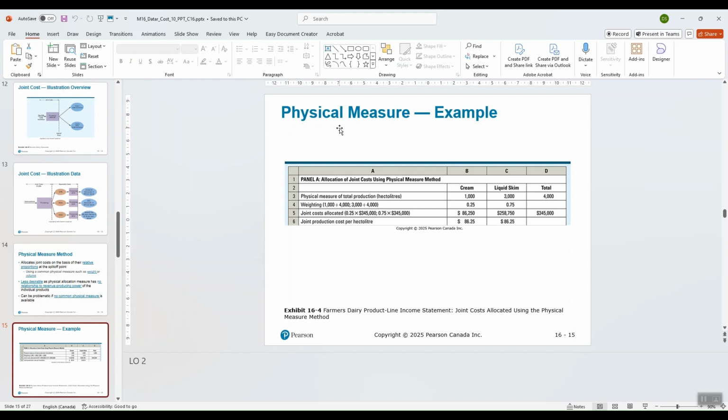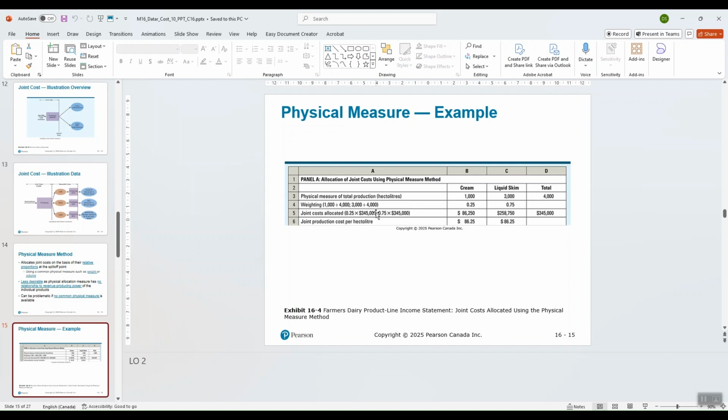This is a method I say is easy to use, but it's only easy to use if you can measure the quantity that comes out from the production. At the split-off point, we know that we're going to get 1,000 hectoliters of cream and 3,000 hectoliters of liquid skim milk. In total, we're going to get 4,000 hectoliters out of the production line.